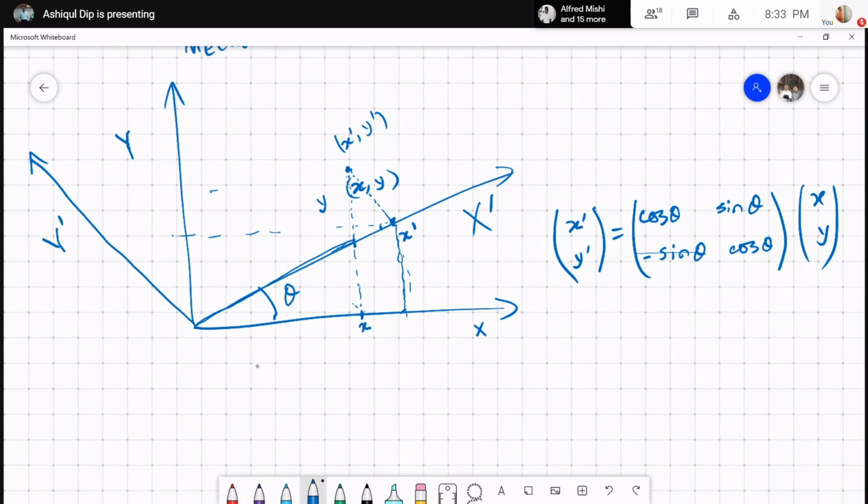So how do we do that? First, make a line which starts from point X and is perpendicular to the line X prime. Yeah, perpendicular to line X prime. Okay, then that gives us the X cos theta. This amount is X cos theta.